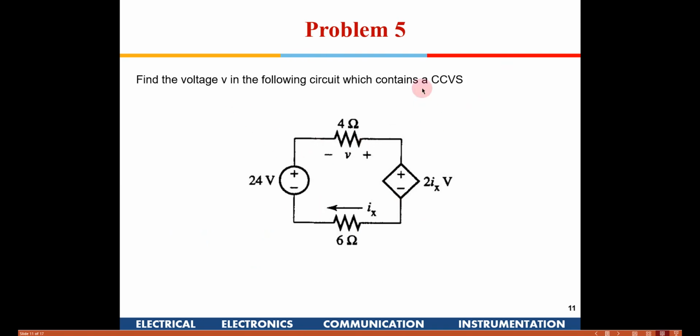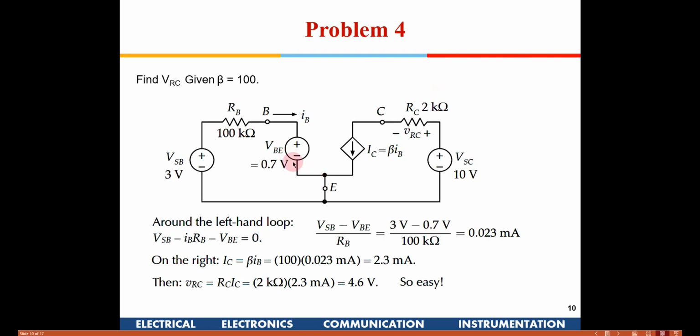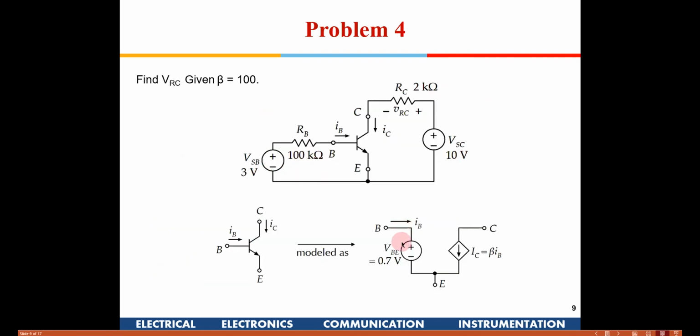Now, how did 0.7 volt come? 0.7 volt, that is the BJT model, right? When we learn about the BJT, probably towards the end of the course, one day I'll give a brief introduction about BJT and CMOS. Once you forward bias, this will be a diode, so that will give you 0.7 volt.